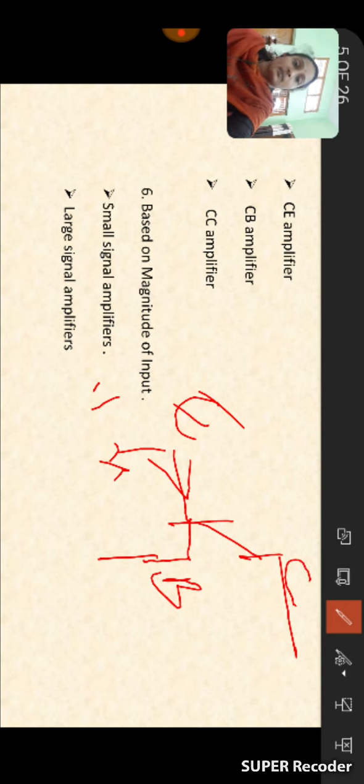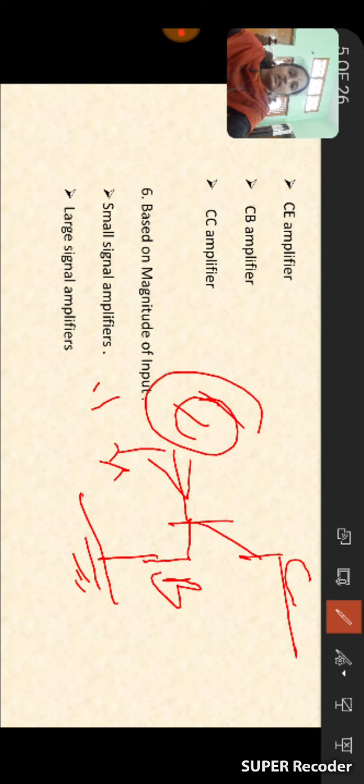The input is applied at emitter terminal with respect to base terminal, and output is collected from the collector terminal with respect to base terminal, and finally base terminal is connected to ground. So this is called what? Common base amplifier.